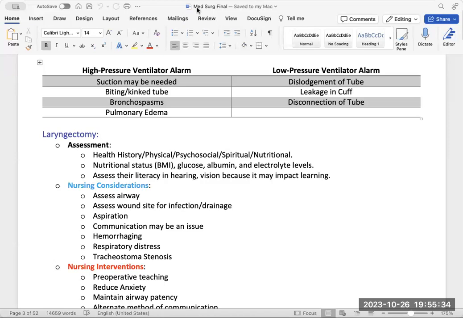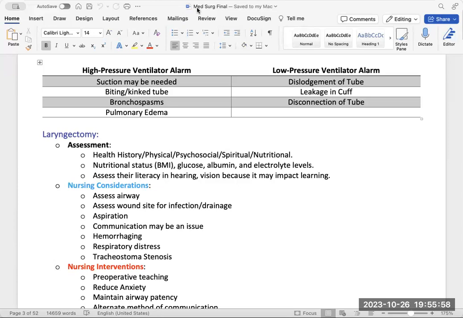They might have bronchospasms, so that constriction causing the airflow that's going in to have that pressure is also going to make the high pressure alarm go off. Or pulmonary edema, right? Another way of saying the lungs are swelling, and that is causing the high pressure alarm to go off. So I always think high pressure means something to do with my patient.